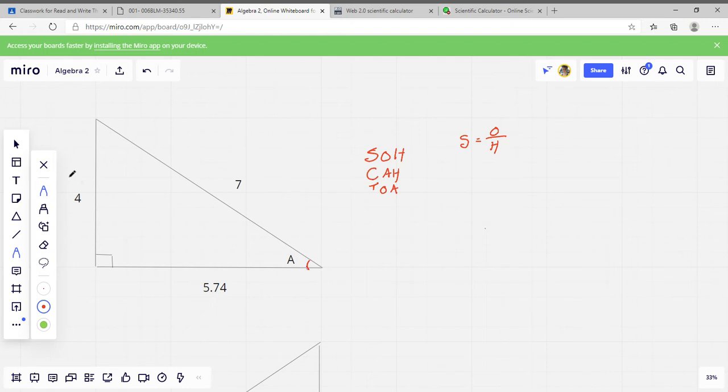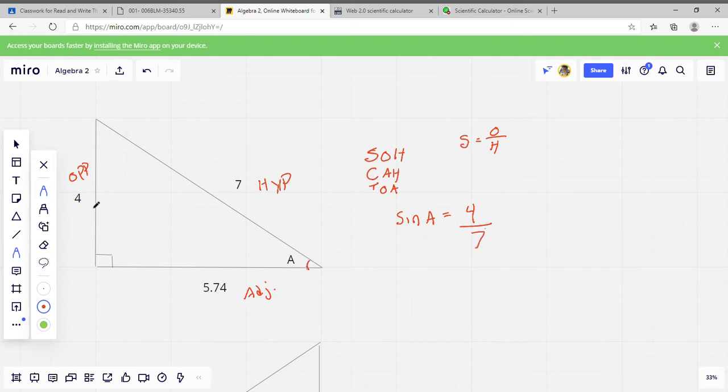So there's our opposite. This one's our hypotenuse. And our adjacent would be here. We need the opposite over the hypotenuse. So opposite is 4. So the sine of A equals 4 over the hypotenuse, which is 7.